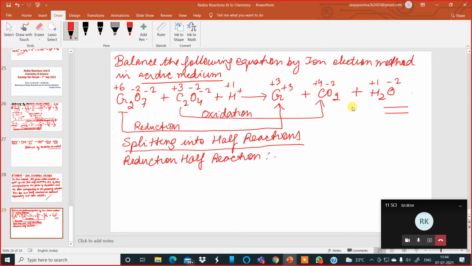I am writing it down: Cr2O7 2-, leave a lot of space in between and put an arrow. Then on the other side also leave some space after the arrow and write down Cr3+. This is the reduction half reaction. Now below that I will write down the oxidation half reaction.